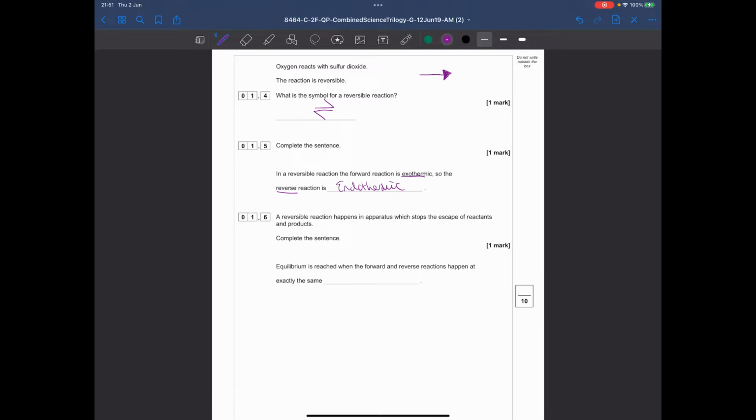Equilibrium is reached when the forward and reverse reactions happen at exactly the same, and your answer should be rate. So when the forward and the reverse reactions are happening at the same speed, we say that they are happening at the same rate, because they would be at equilibrium, which means things are balanced.